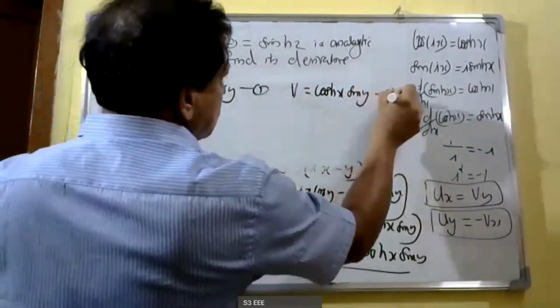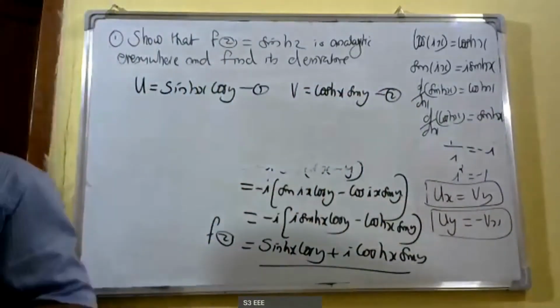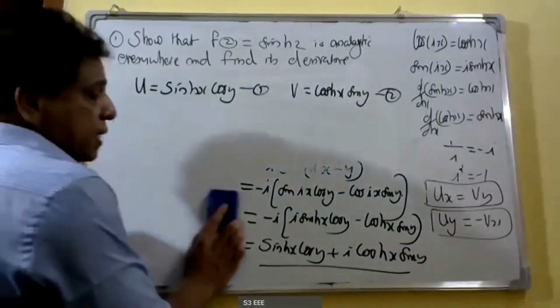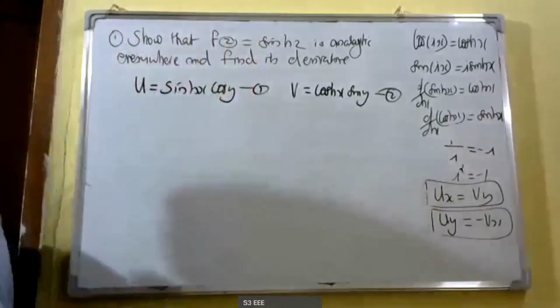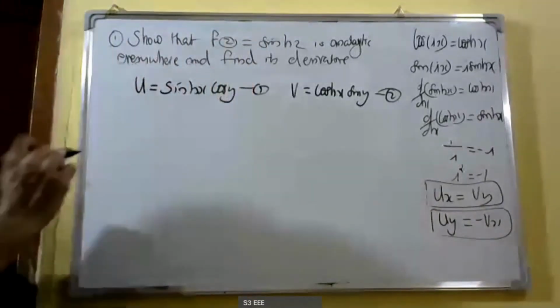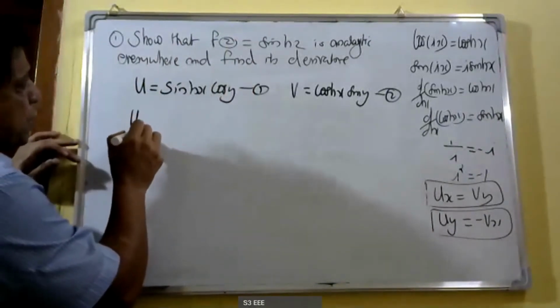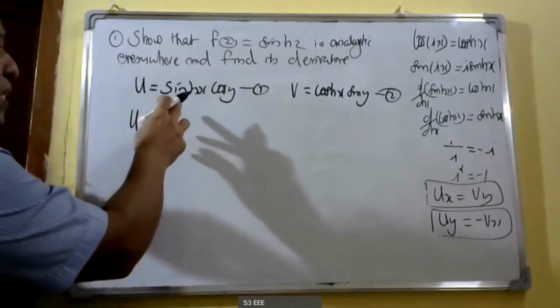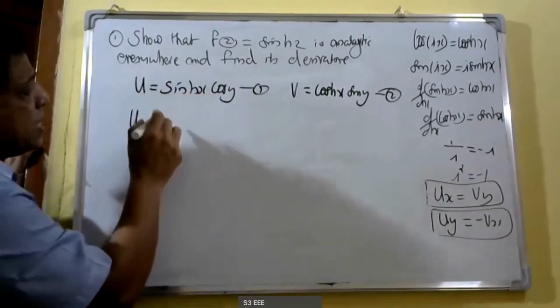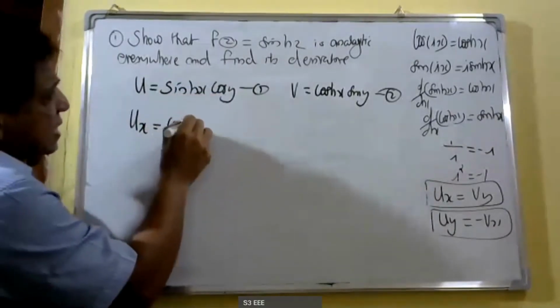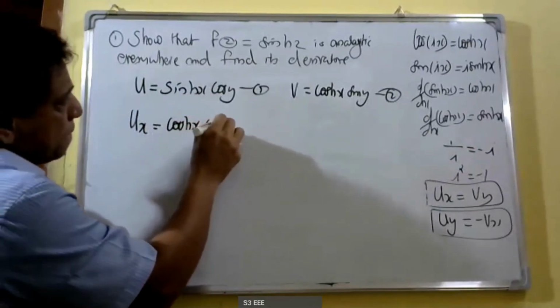This is equation 2. Then we can take the partial derivatives. First, we differentiate equation 1 with respect to x. When we partially differentiate with respect to x, cos y is constant. Therefore, ux is equal to cosh x into cos y.